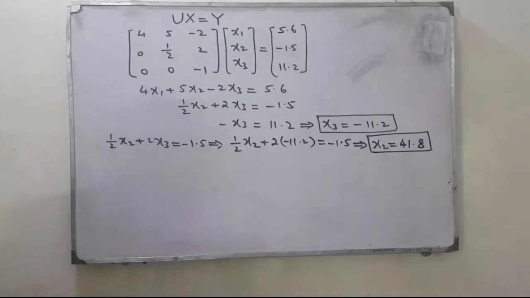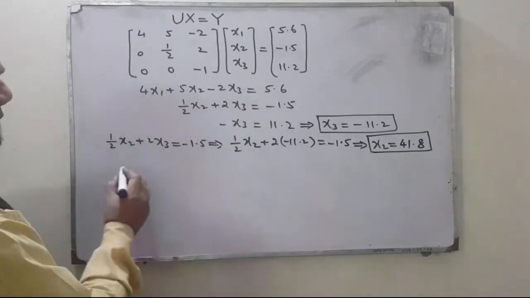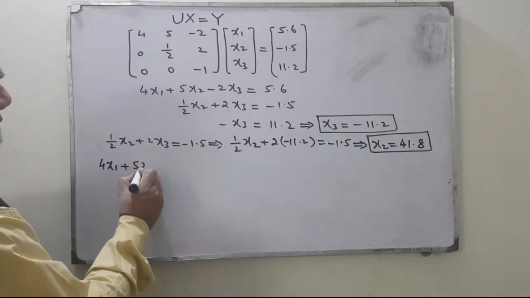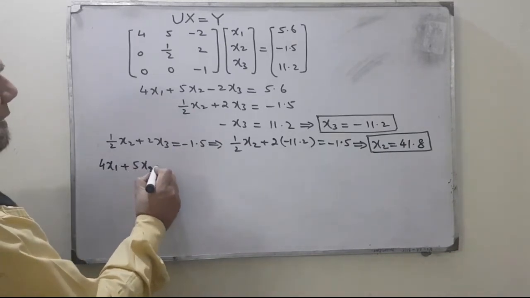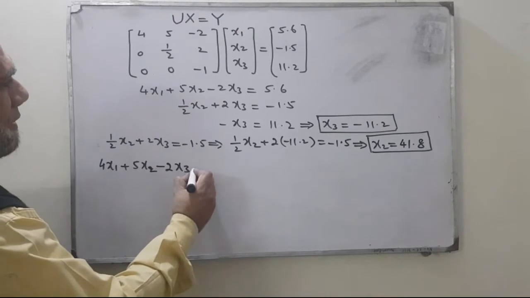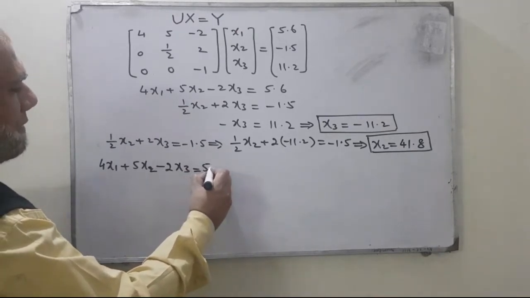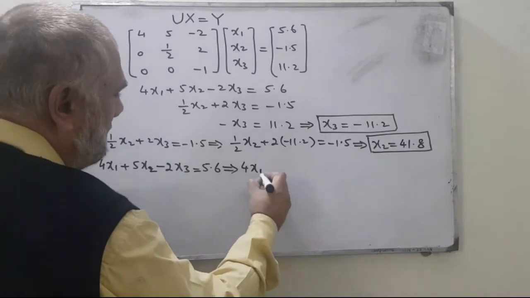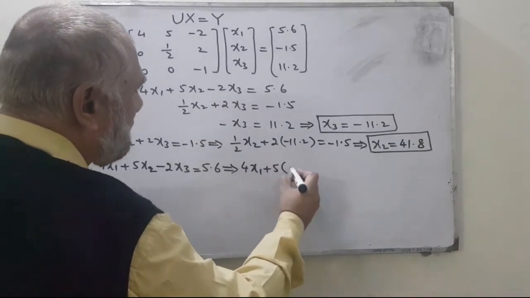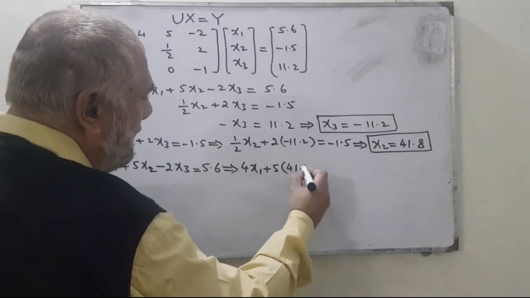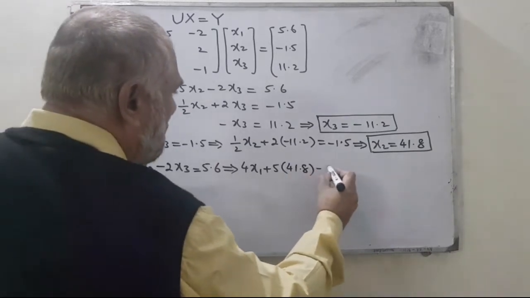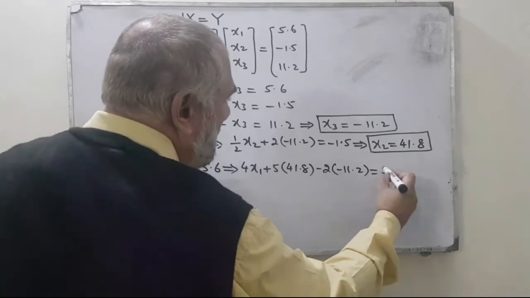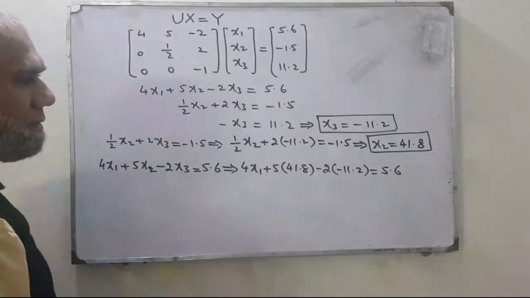And now after finding these two, we can use the first equation to obtain the last unknown: 4x1 + 5x2 - 2x3 equals 5.6. We have to calculate x1 + 5 times x2, where x2 is 41.8, and minus 2 times x3, which is 11.2, and the net result equals 5.6.